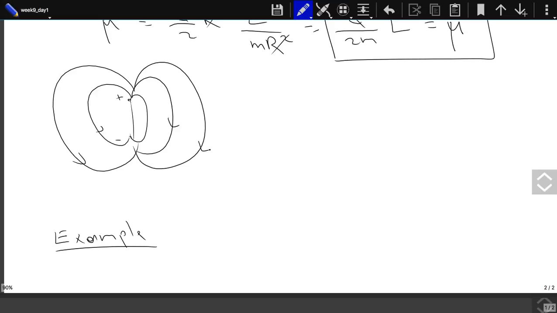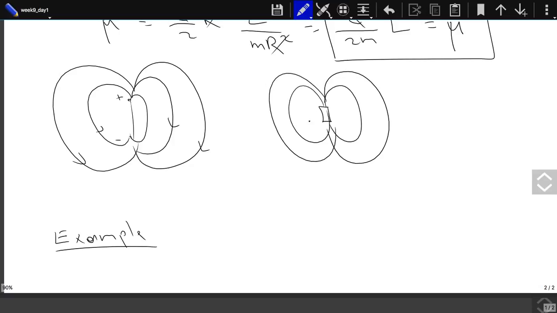Just like in the case of a magnetic dipole. So a magnet is a magnetic dipole, and we had seen that the magnetic field lines just look like this. We have this point-like object, and the magnetic field lines leave from one side, and they enter through the other side. This is what we call a dipole. Both of these things have the same feature. So that's why we call both of them dipoles.